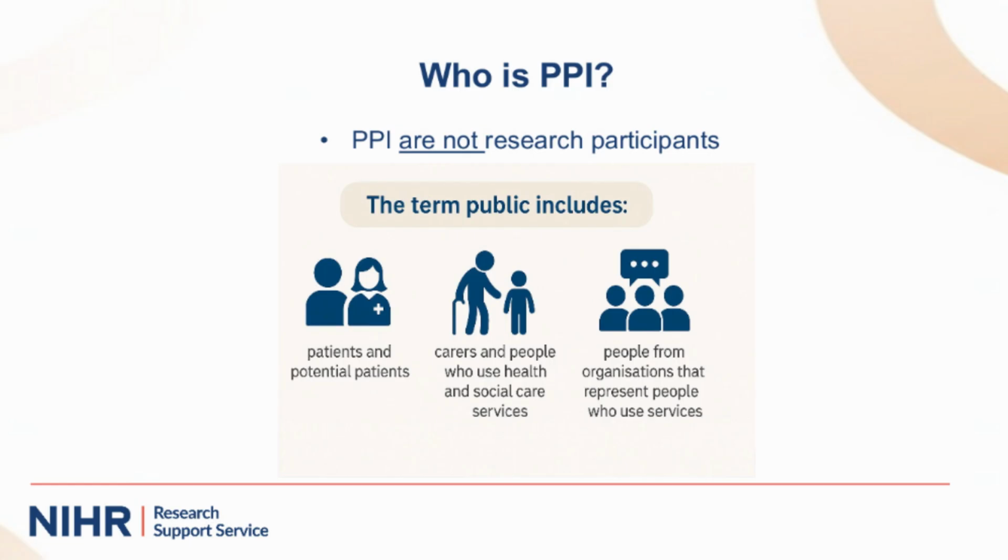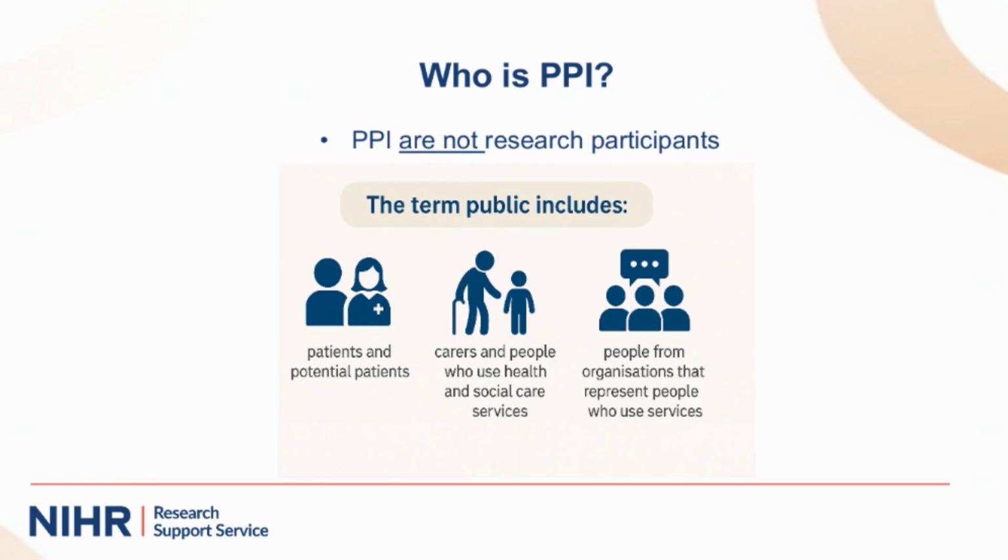In the second group, we have carers and people who use health and social care services. Carers often have unique insights into the challenges and the needs of those they support. So including them ensures that research reflects the realities of both service users and those who care for them.